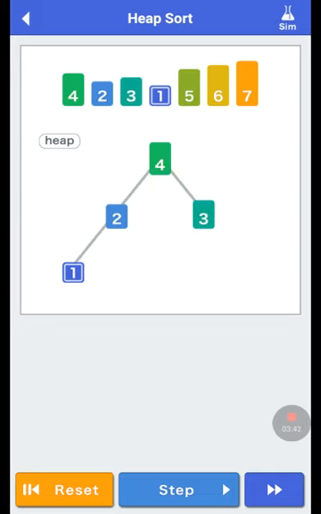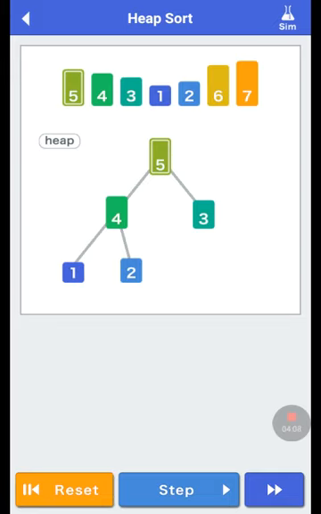After swapping, 5 becomes the left child of 4. But because 5 is greater than 4, then they will swap further. Swapping stops when the property is enforced in all the nodes. There. So we have 2 swaps there because we need to enforce the property.